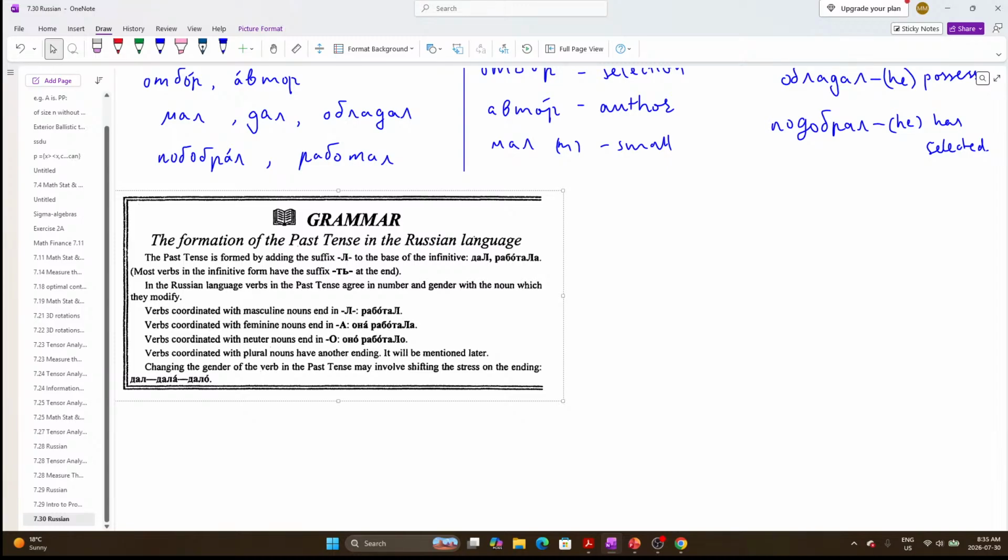Chat says подобрать conveys more finding or struggling, like inventing something or so. For just selection, we typically use выбрать, or like choose or взять. Right? Selection is выбор, something like that. How do you say election in Russian?